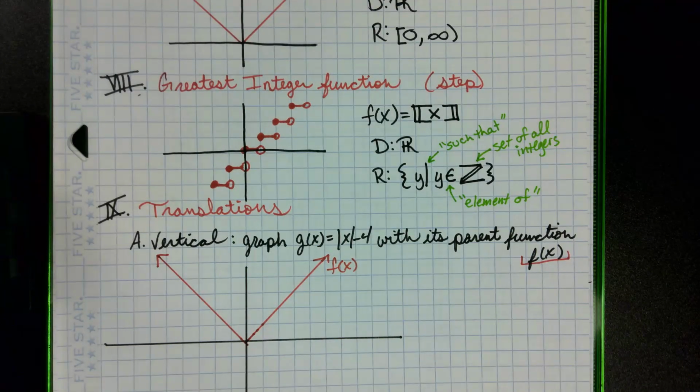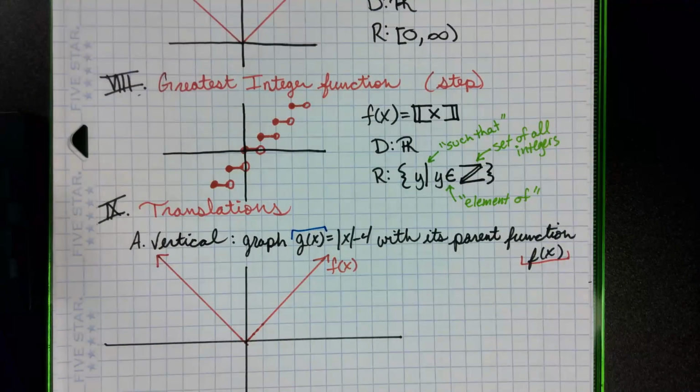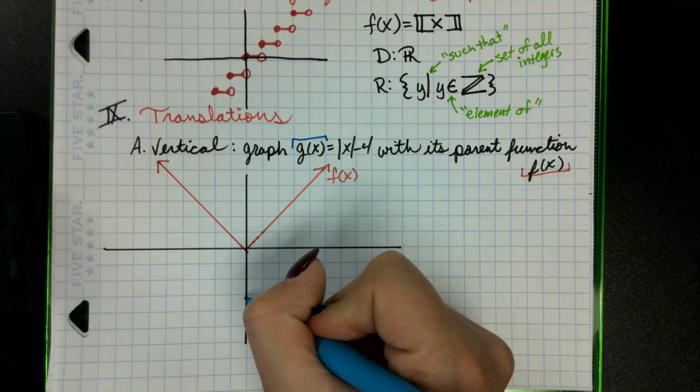And then I am going to graph g of x, the transformed function. It's the absolute value x and then shifted down 4 because of the minus 4. So 1, 2, 3, 4.